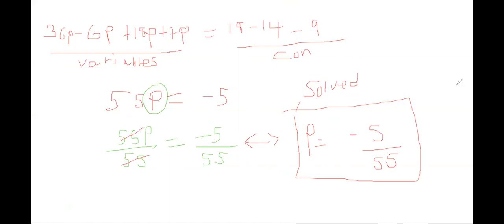Then here we are, we find the value of P. So solving an equation means finding the value of the variable. In this example, P is the variable and its value is what? Minus 5 over 55. One can even go further and reduce this because 5 into 5 is 1, into 55 is 11 times. So it will be minus 1 over 11 as the P value.